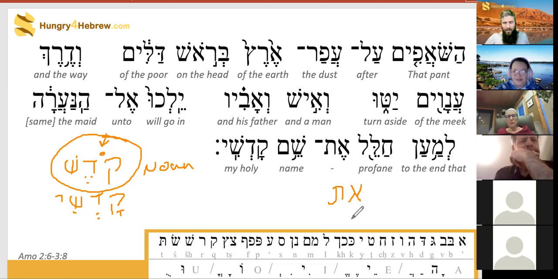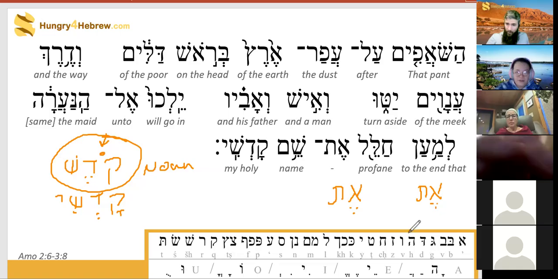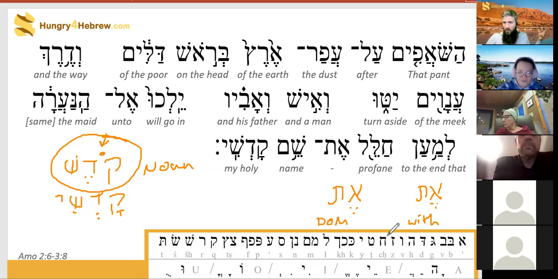Well, actually, et has two homophones. There are two words that are both spelled et. In standalone form, they have a tsere. In construct form, they have a segol, but there are two different words et. So while you are correct that as a preposition it means with, there's another et that is the direct object marker. They look the same, but they have completely different meanings.